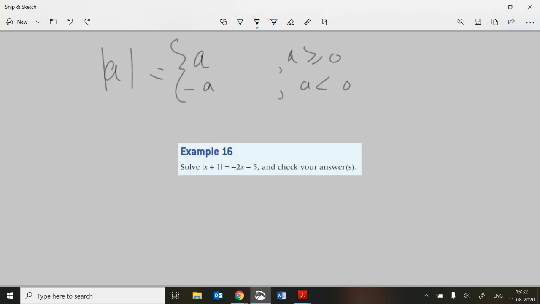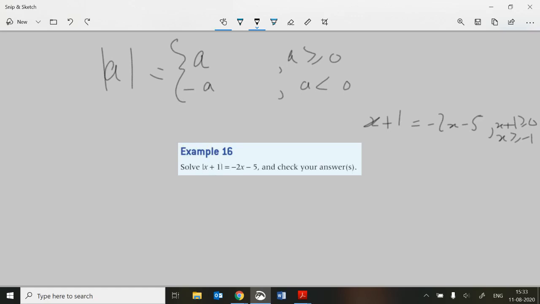We can say either x plus 1 is equal to minus 2x minus 5, and that's on the condition that x plus 1 is greater than or equal to 0, meaning that x is greater than or equal to minus 1.